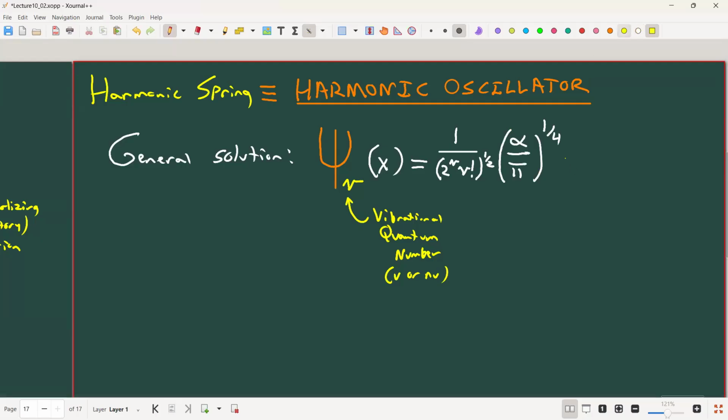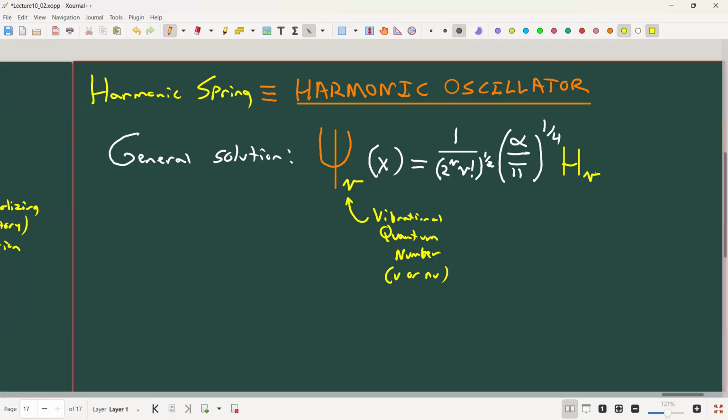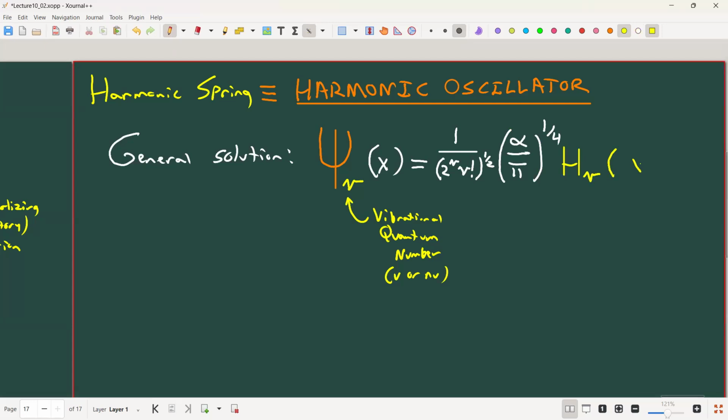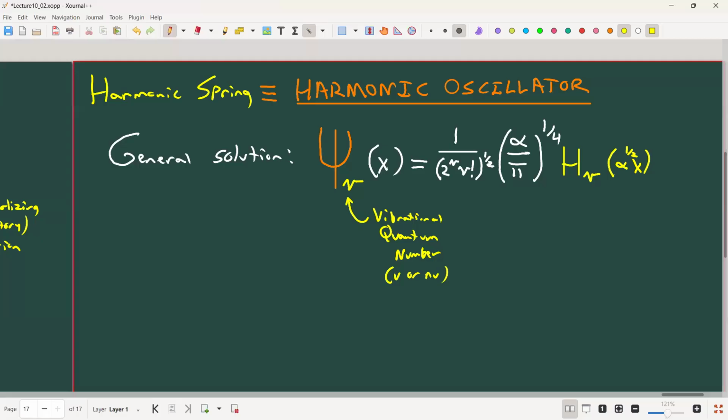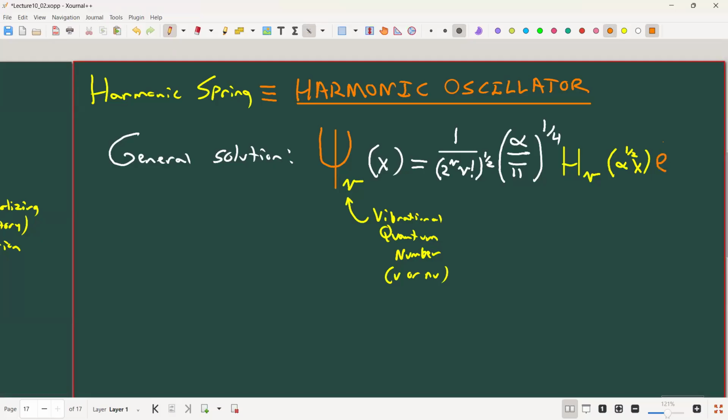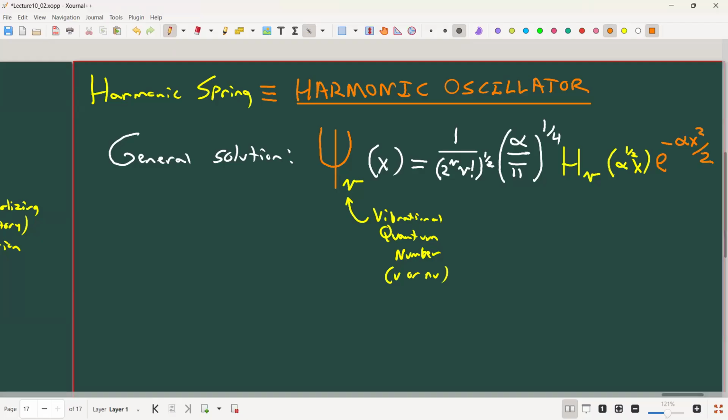And then we multiply it by our Hermite polynomial for quantum number v. And the input of that function is not just x, but we scale x by alpha to the 1/2. So that's the input of the function. We'll do an example in just a second. And then we finish off the problem with our little Gaussian function, our bell curve. Okay. So let me just walk through all of these different terms.